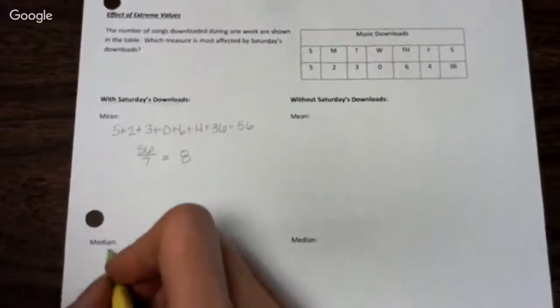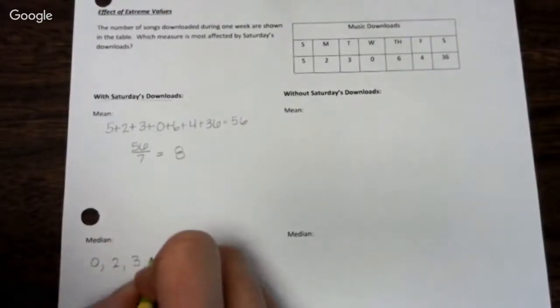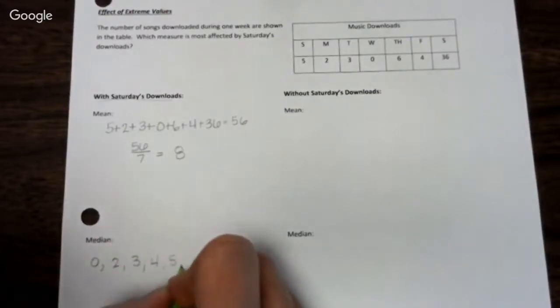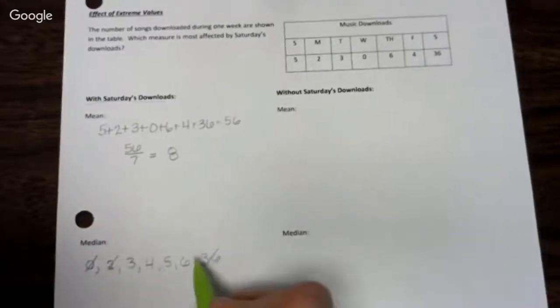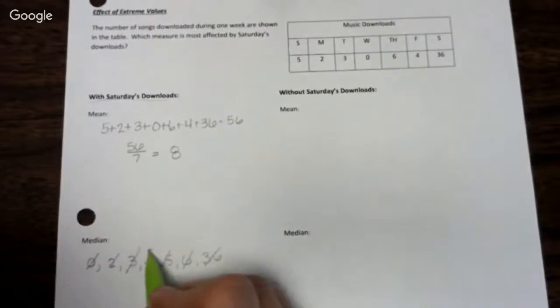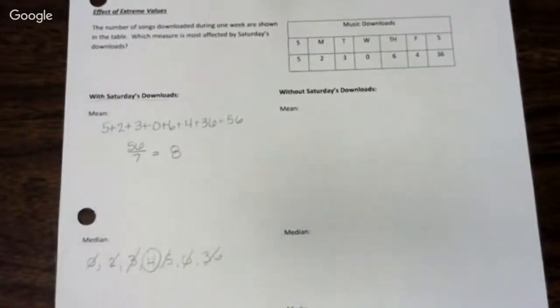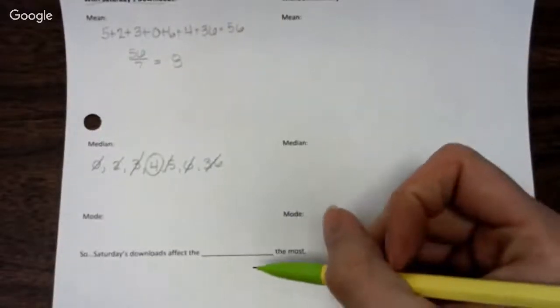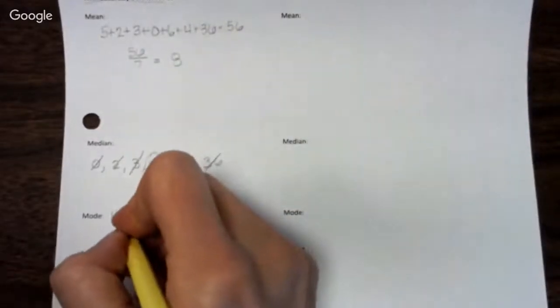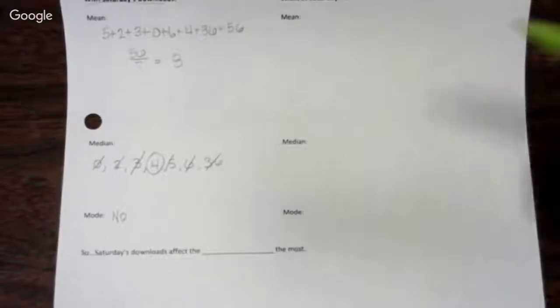Now, the median, remember to find the median, you're going to line them up from least to greatest. So 0, 2, 3, 4, 5, 6, 36. And you're going to find the center number. So 0 and 36, 2 and 6, 3 and 5. So the middle number is 4. Now, the mode is the one that happens most often. There is no mode in this because there's none that happens more than once.